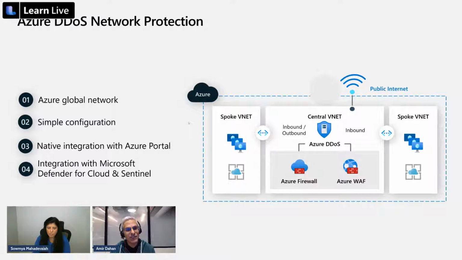In fact, we mitigate 2,000 attacks on average per day in Azure as part of our global network and global mitigation pipeline. So this is one point to consider: the scale.